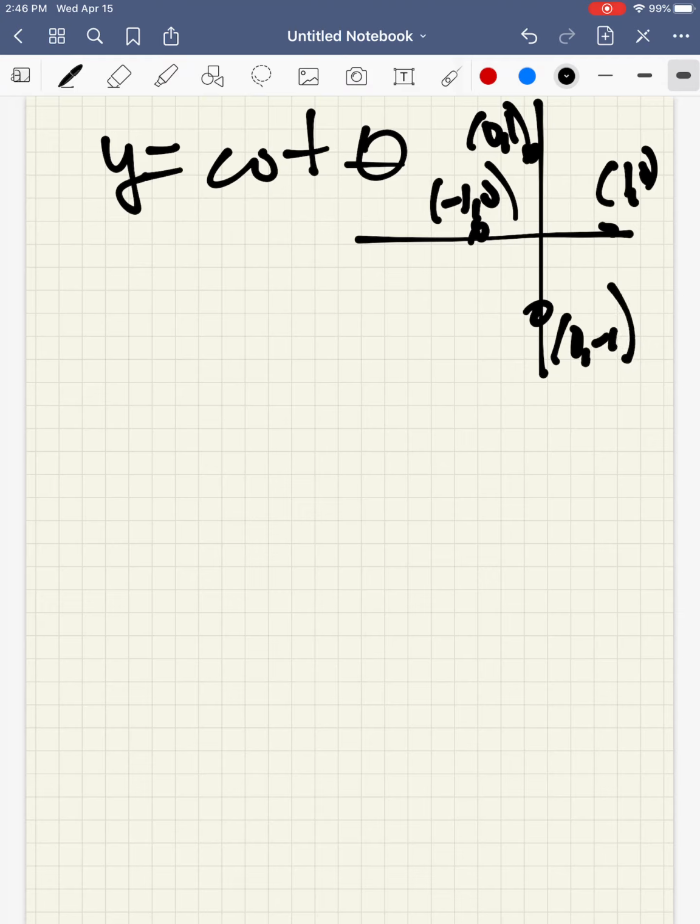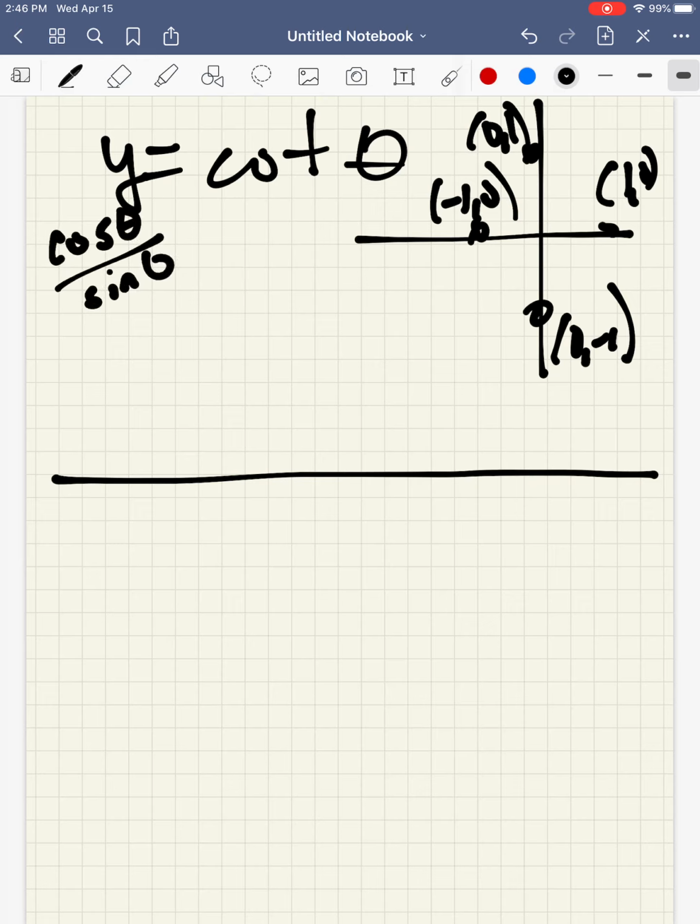All right, so this time, now remember, cotan is cosine over sine. And this is cosine, comma, sine. So at 0, what happens? We get 1 over 0. That's undefined. So at 0, cotangent is undefined.